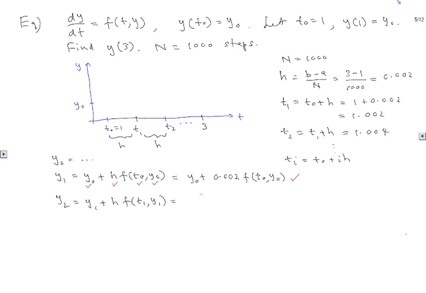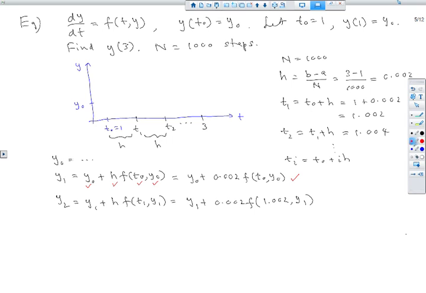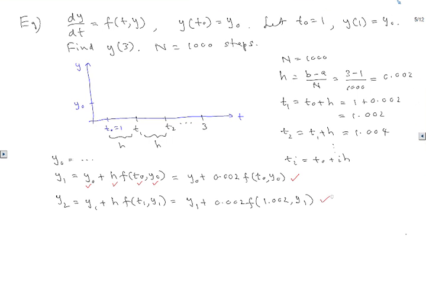So y1 we know from the previous step, and then this is 0.002, and in the function we know the t1 value. What is t1? T1 is 1.002, and we also know the y1 value from the previous step, so that means we know y2. So just keep doing it.